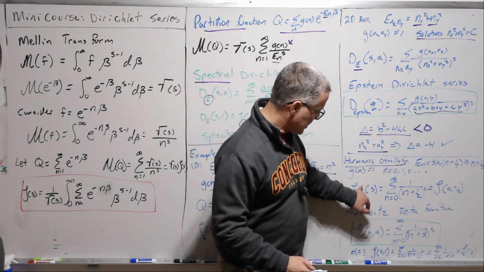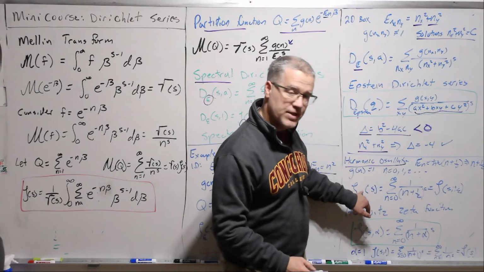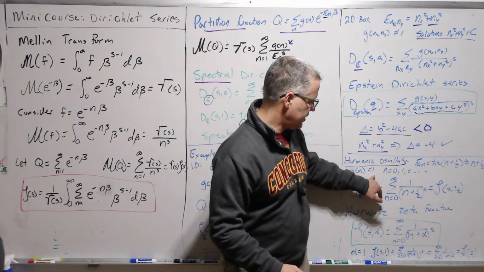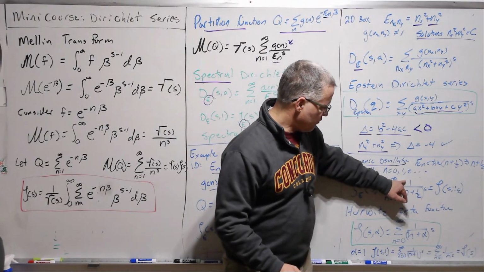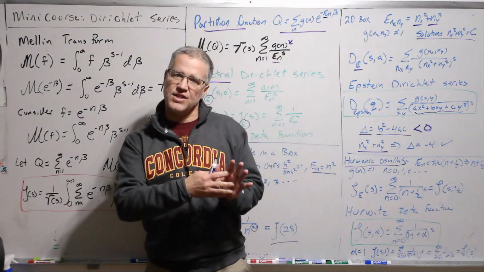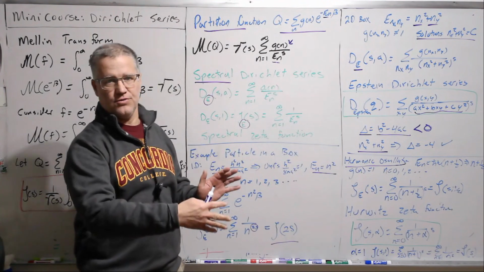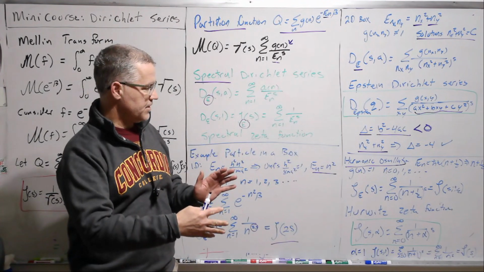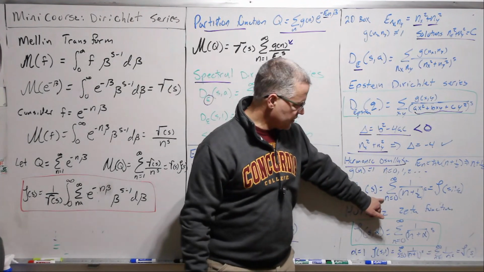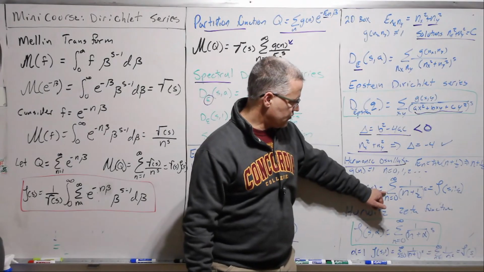So let's write our spectral zeta function. Again, it will be a zeta function because degeneracy is 1 here. So we have 1 over n plus 1/2. So it's kind of shifted compared to the zeta function. And it also starts with n equals 0 instead of n equals 1.